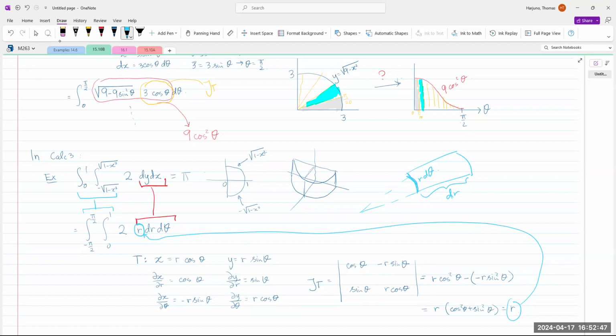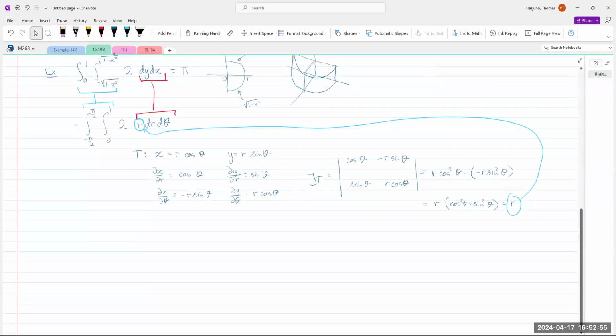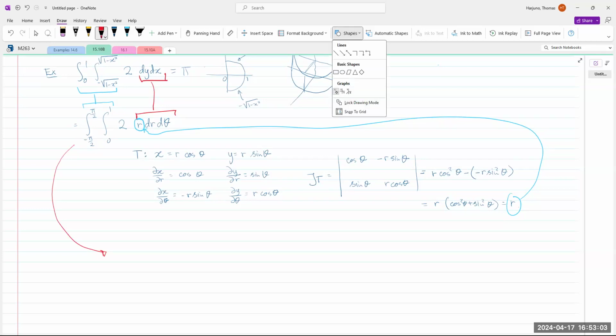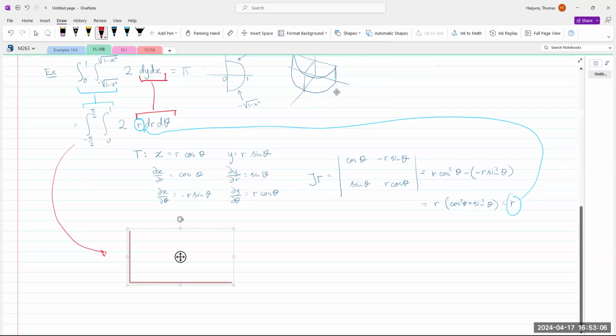Now if we go on further explaining, if we try to sketch this integral using the theta r coordinate system as if it is a rectangular coordinate system, you see that the integral is from negative pi over 2 to pi over 2 for theta, and then r is from 0 to 1.